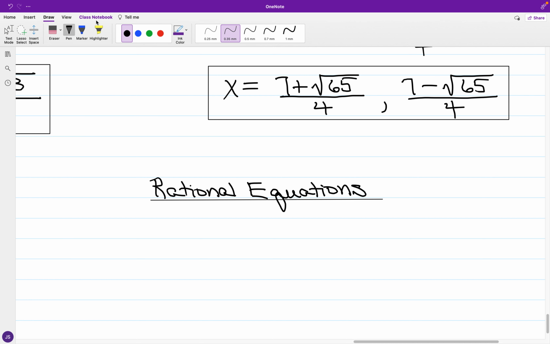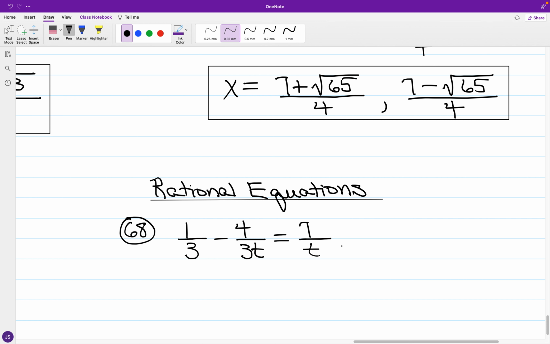Let's say, like in the case from section R5, number 68, we have a rational equation, and here we're solving for the variable t. So 1/3 minus 4 over 3t is equal to 7 over t.